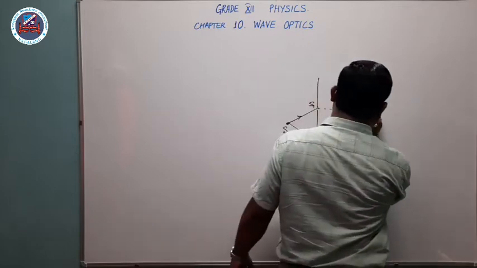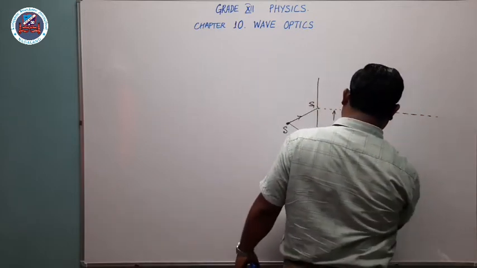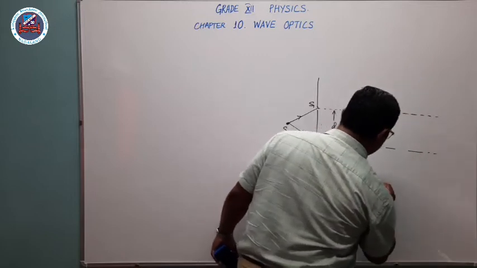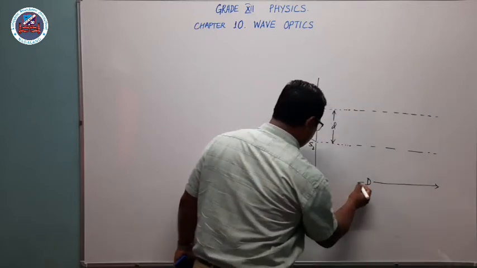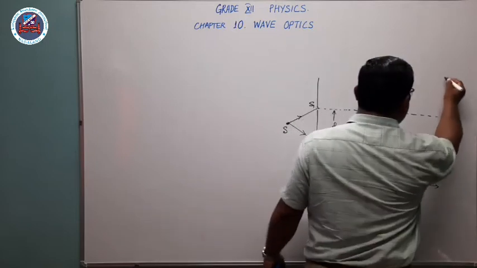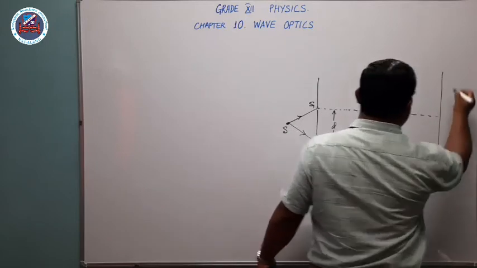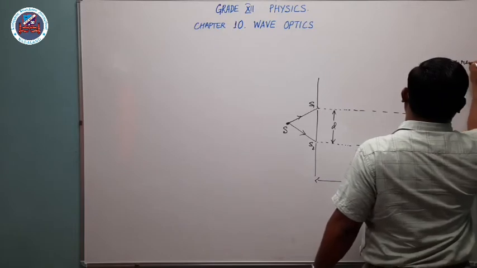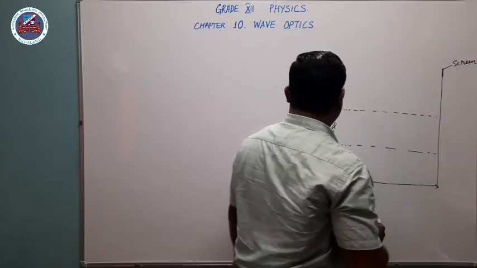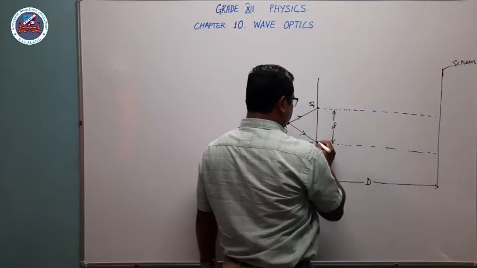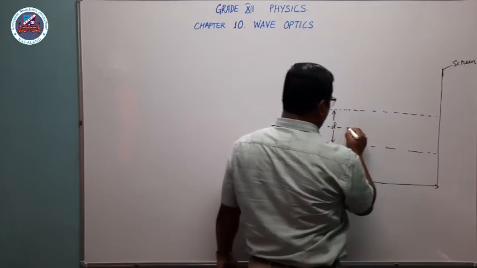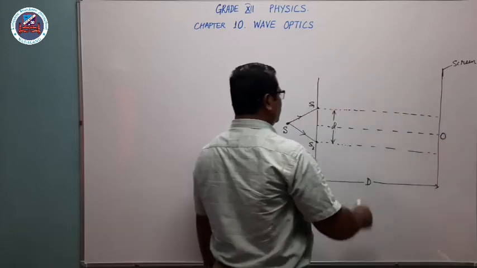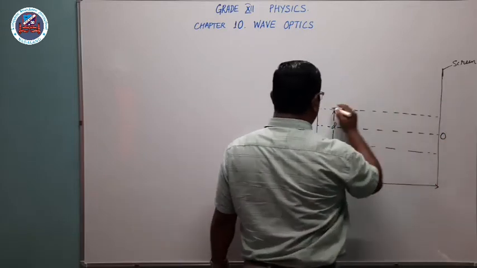Then he took one screen at a distance, say capital D, away from the slits. This is your screen. And these two light rays may come and meet each other at the center, at point O. They may come anywhere on the screen.